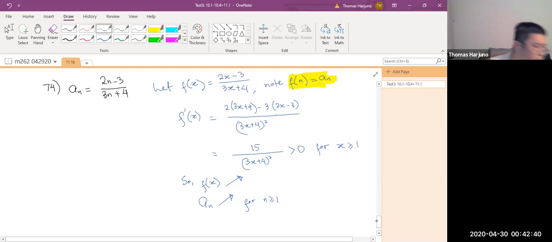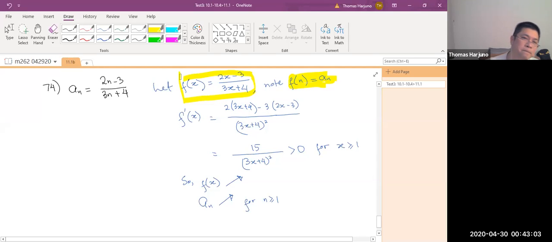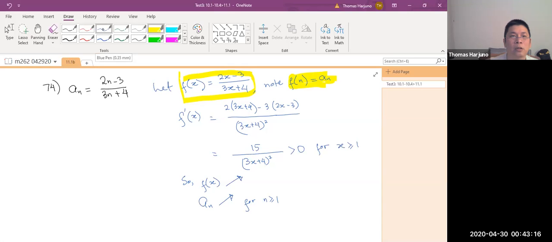Now, let's see, is it bounded? Use your instinct a little bit. When you see this function here, what's the horizontal asymptote? Actually, if you think about it, it converges to what?